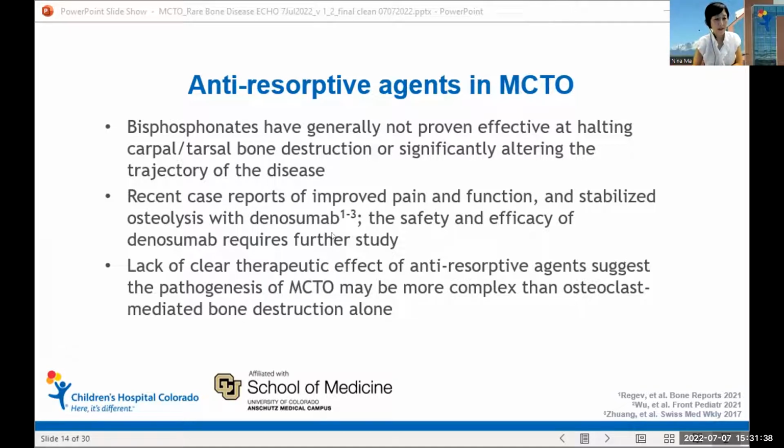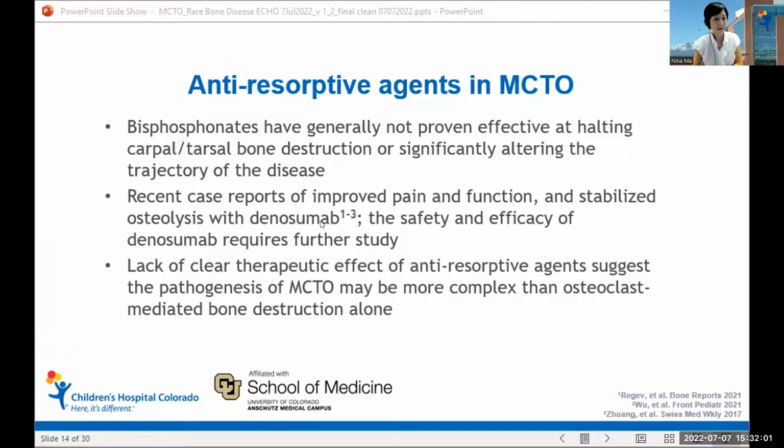I think there may be a component of publication bias, since in discussion with other colleagues, they do anecdotally report negative results with denosumab in their patients, and they mimic the clinical experience of bisphosphonates.